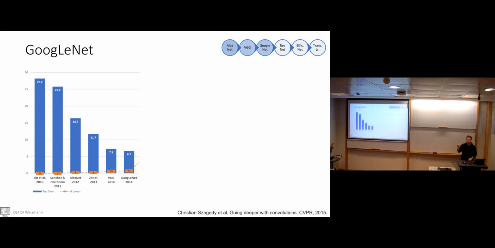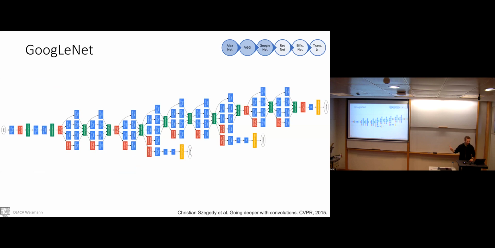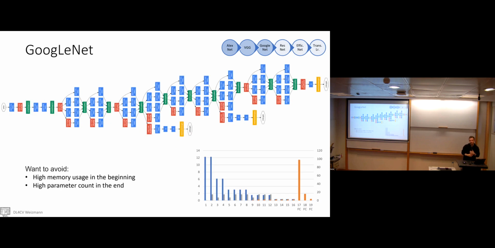On this specific task, people have an error of 5%. So let's look at their architecture, which is scary, but we'll go inside each of the components, and after that you'll see how modular it is, and we'll understand what's going on here. In this architecture, they tried to avoid high memory usage in the beginning and the high parameter count at the end.